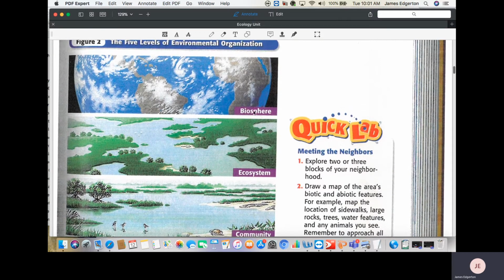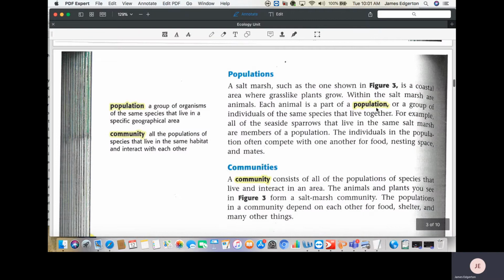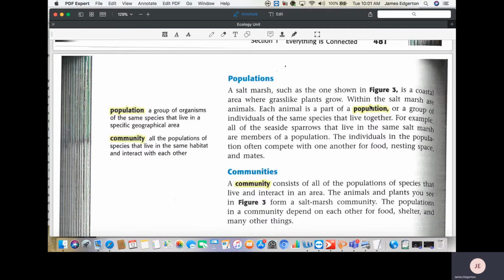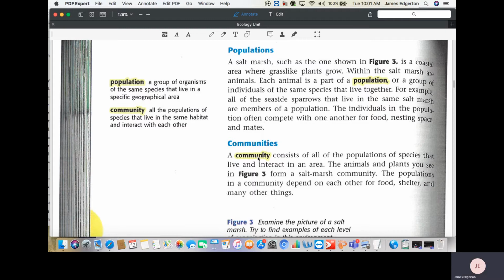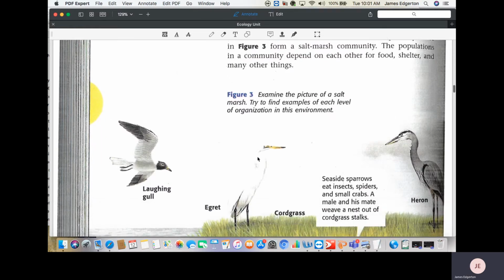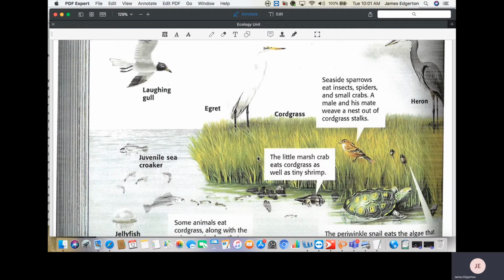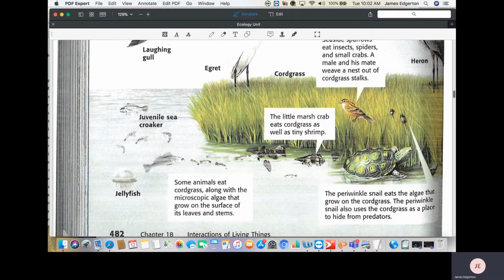And then where all living things exist becomes the biosphere. Again, this talks about each one of the things I just talked about. You have the organism, the living creature. A group of those organisms becomes the population. A group of different populations becomes the community. And the whole ecosystem is all the different types of living and non-living things in an environment.